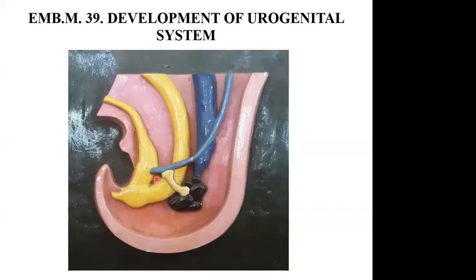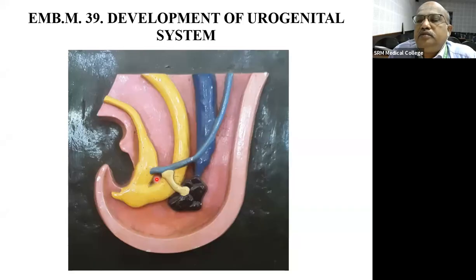Very good. Denonvilliers' fascia. Denonvilliers' fascia is a very tough fascia, so you should not forget it. While telling about the spread of prostatic cancer, spread to the vertebral column and skull is more common when compared to direct spread to the rectum.